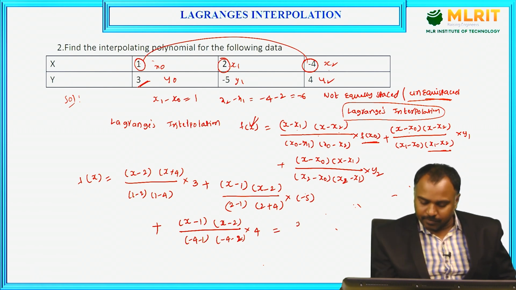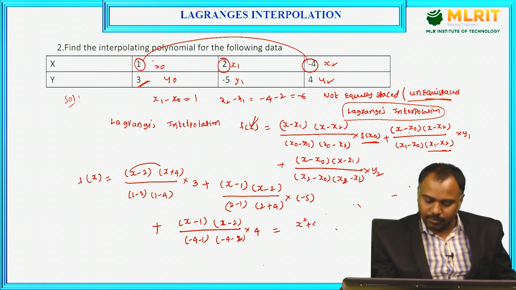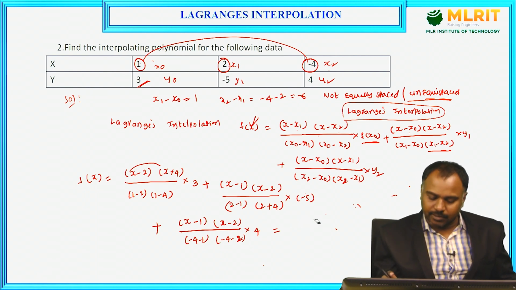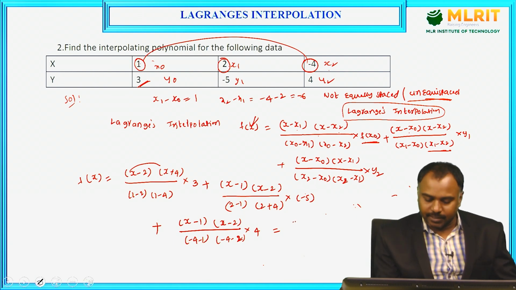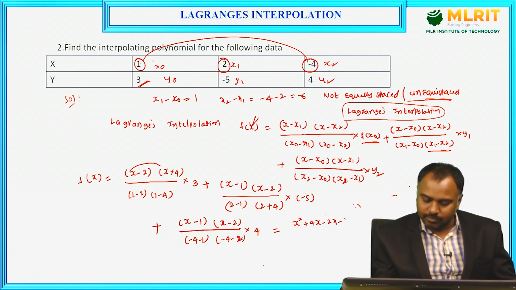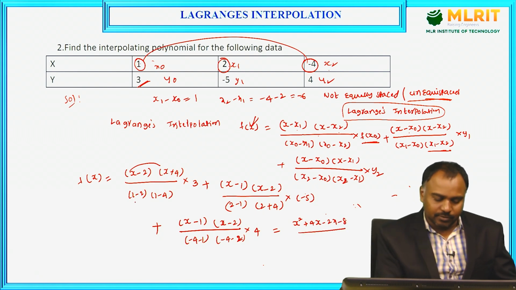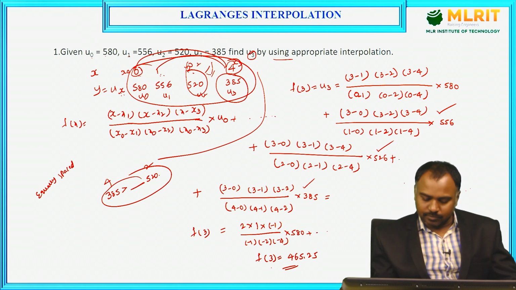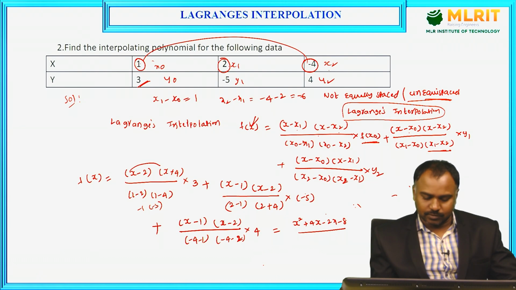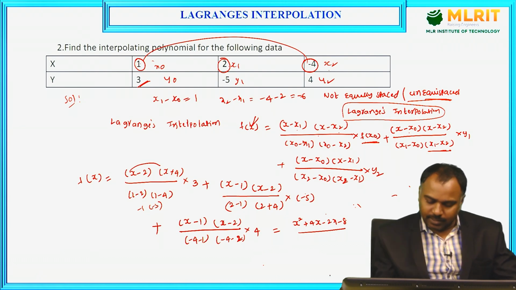So we need to multiply this out: x square plus 4x. I'll write it in the next slide. Or else just simplify and you are going to get this particular solution: x square plus 4x minus 2x minus 8 divided by, so 1 minus 2 is minus 1, minus 1 minus 3 is 3.